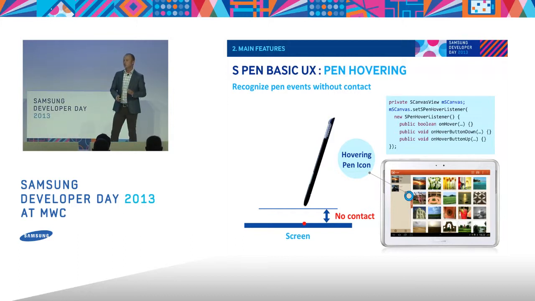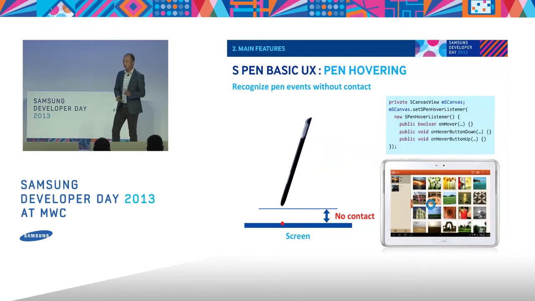This icon was originally intended to guide users to indicate precise coordinates before the pen touches the screen. But it can be used for various other purposes as well. You can see the hovering pen icon change according to the movement of the pen.